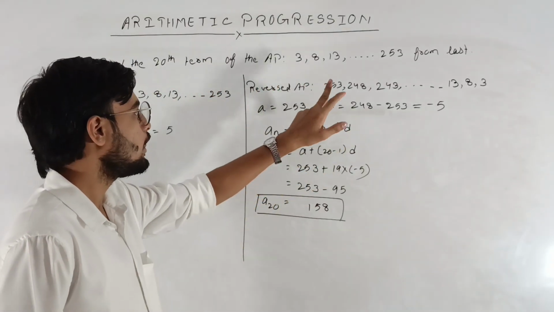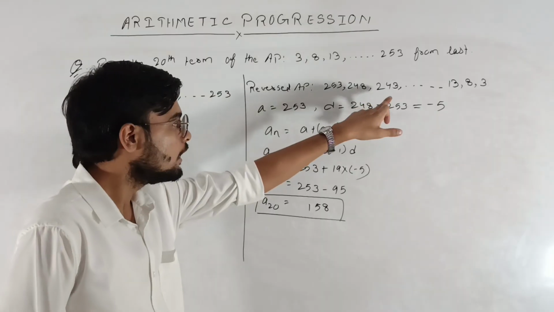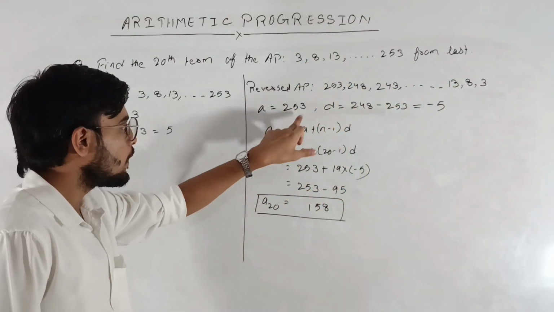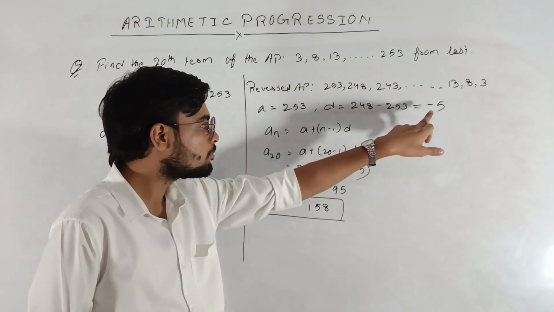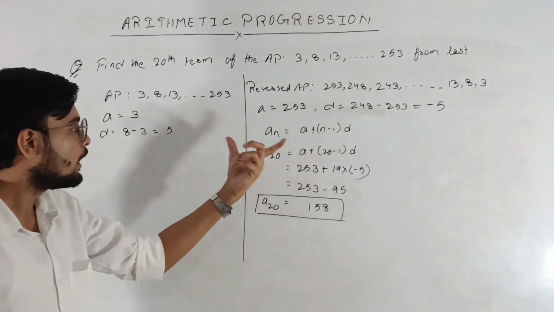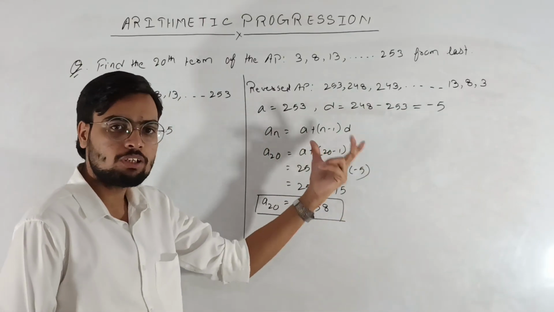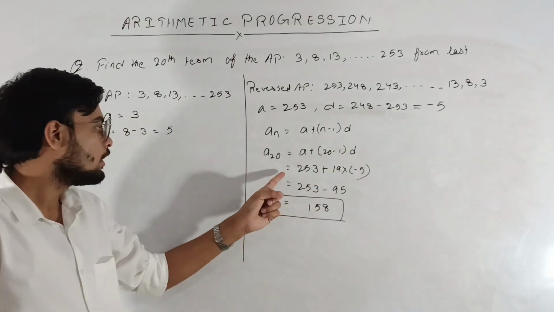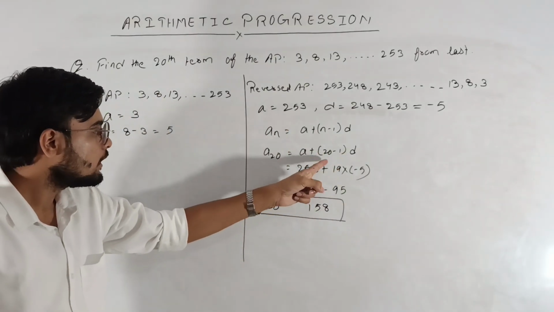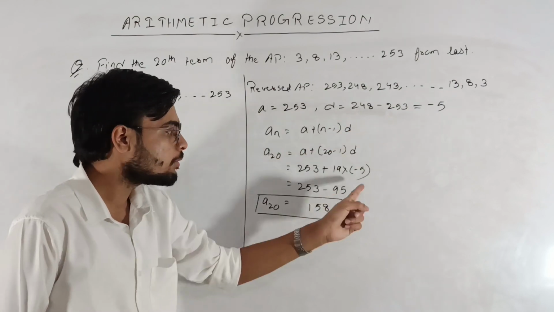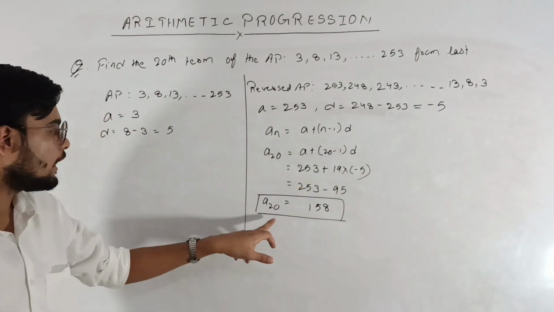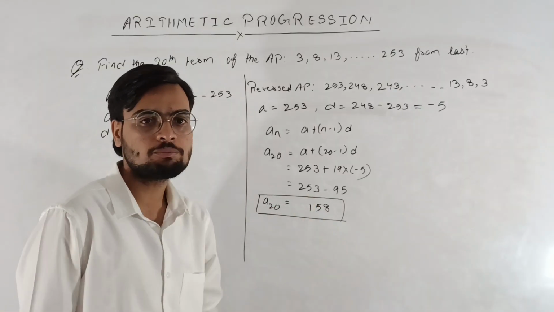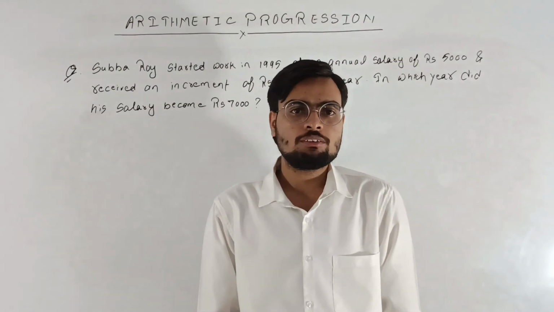When I reverse the AP, I get 253, 248, 243, up to 13, 8 and 3. Now a is 253, and d is 248 minus 253, which is minus 5. Now I use the formula for the nth term, a plus (n minus 1) into d. So a20 is a plus (20 minus 1) into d. a is 253, 20 minus 1 is 19, and d is minus 5. Now I calculate this and get a20, the 20th term from last, as 158. Okay, let's move towards our next question.